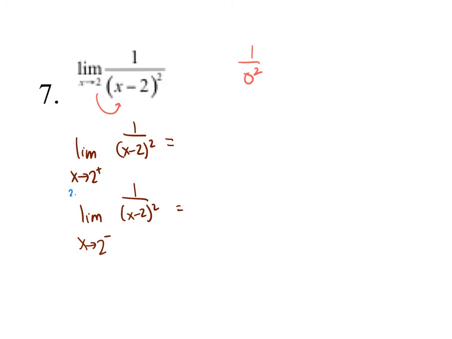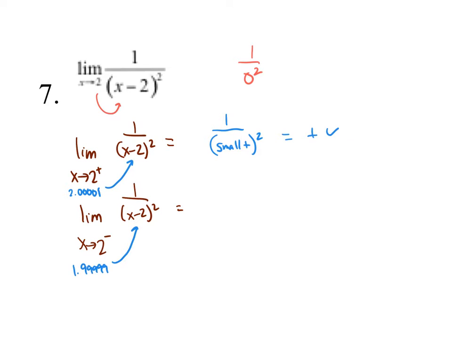So I'm going to take a number slightly bigger than 2, 2.0001 there, and a number slightly smaller than that there, 1.999, and plug it in here. So this is going to give me 1 over a super, super small positive number squared. Well, squaring a positive number is still positive, so that's 1 over a really, really small number.